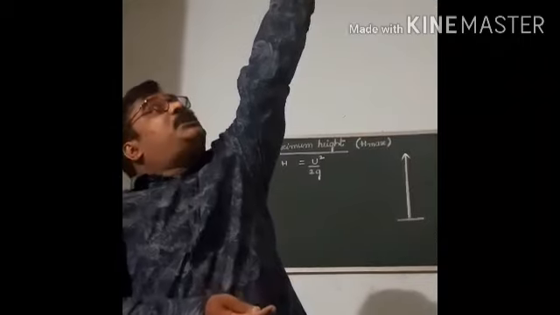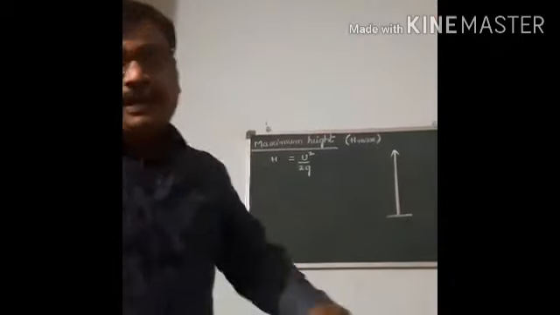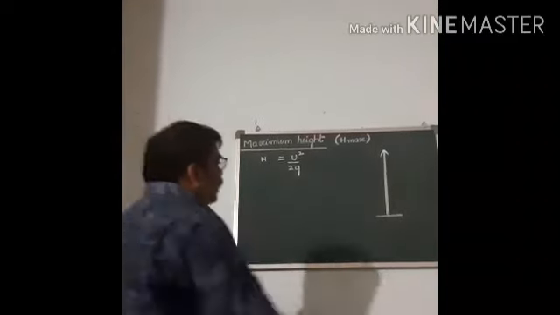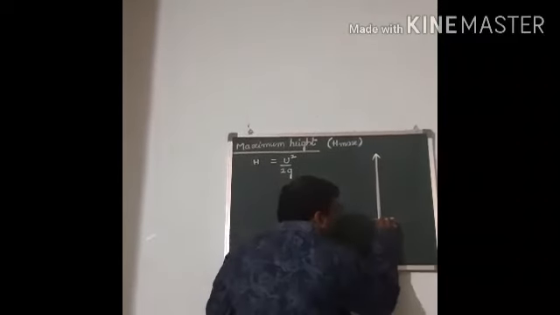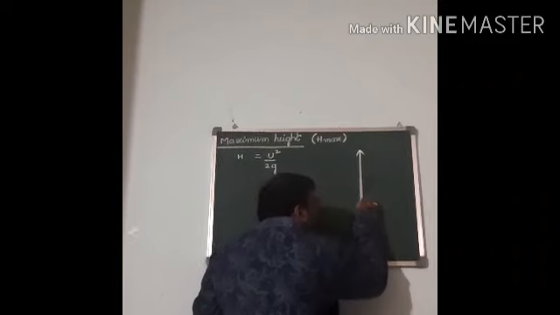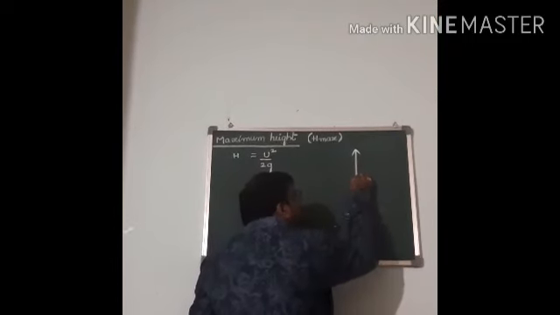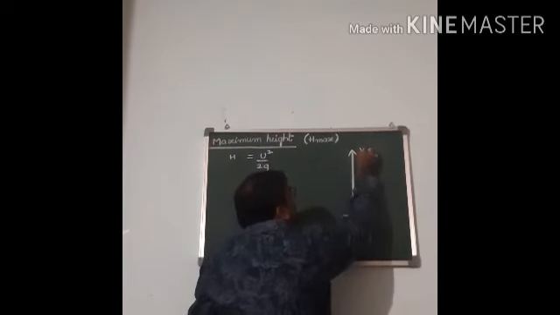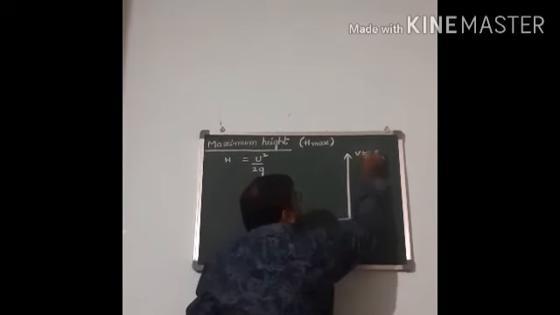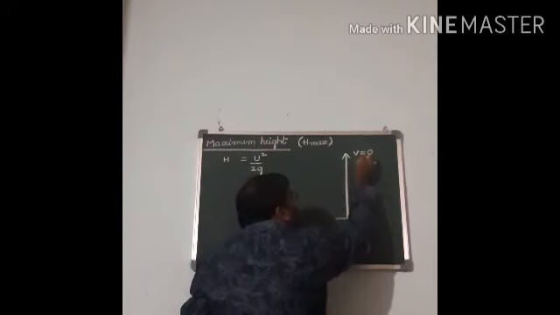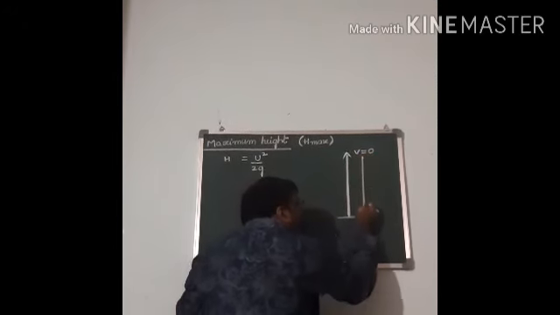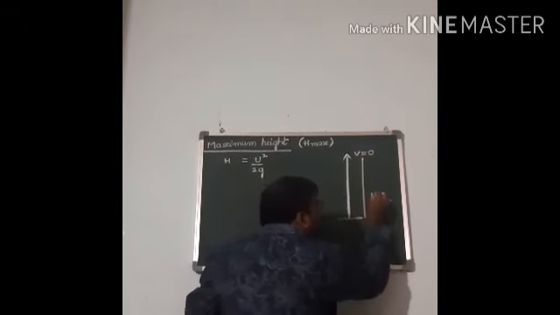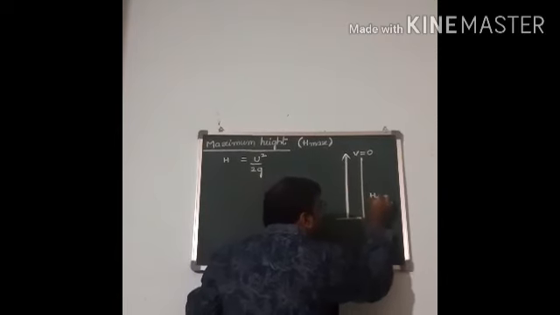The point where the final velocity is 0, measured from the surface of the earth, is called maximum height.